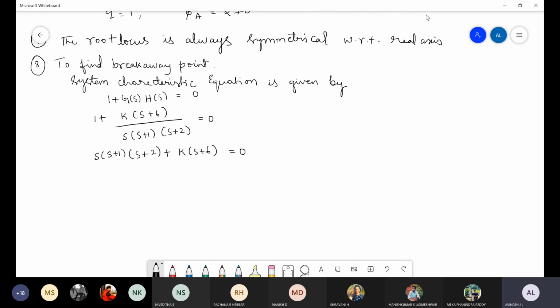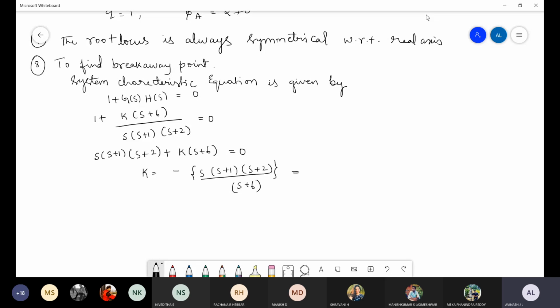Now from this equation we can find out the value of K. So K will be equal to, if we shift the terms to that side, minus of s into (s plus 1) into (s plus 2), whole divided by (s plus 6). So this is the value of K.